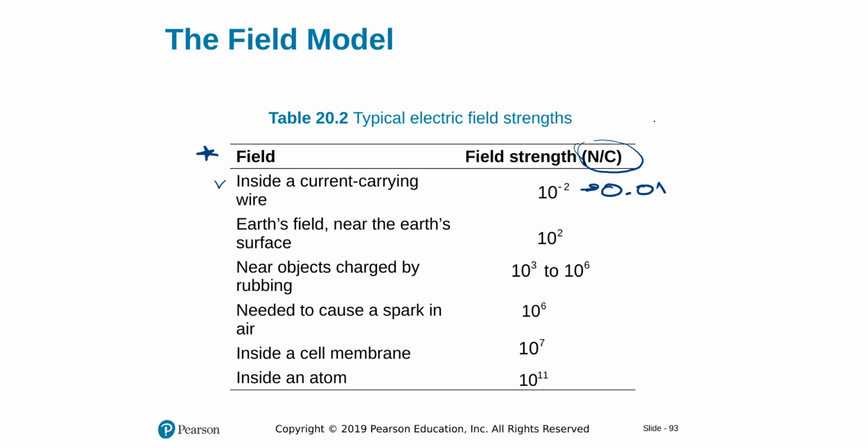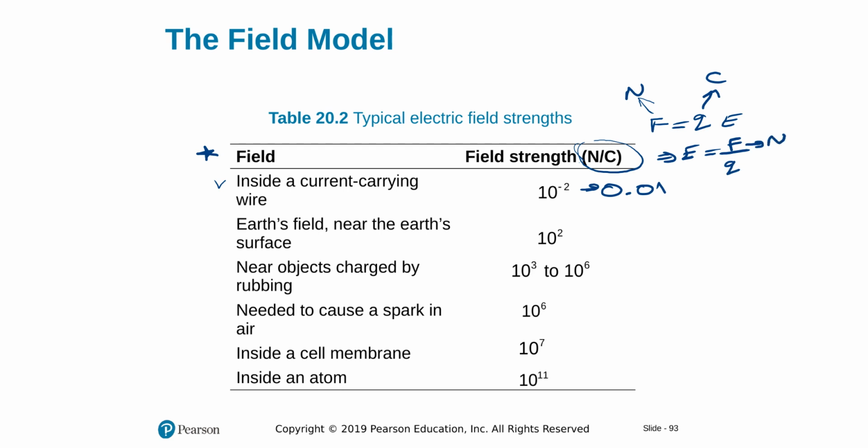We said F is equal to QE, right? And we know F is Newton. SI unit is Newton, not Coulomb, Newton. Charge is Coulomb. And electric field can be solved from here by dividing each side by charge. So E will be force divided by charge.